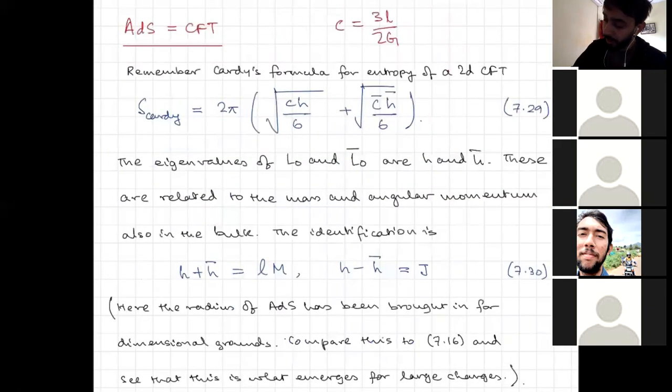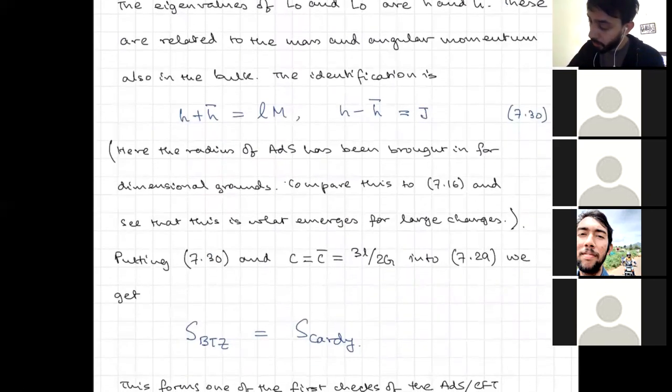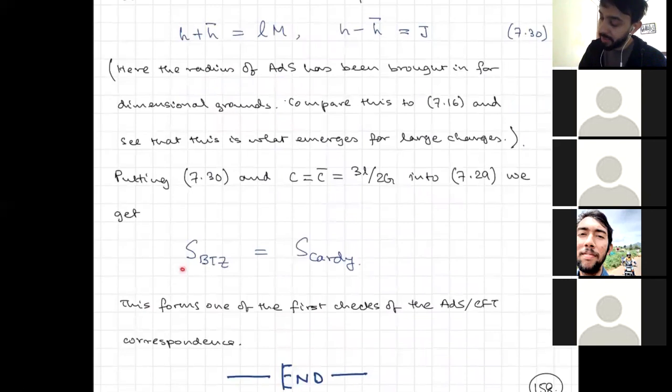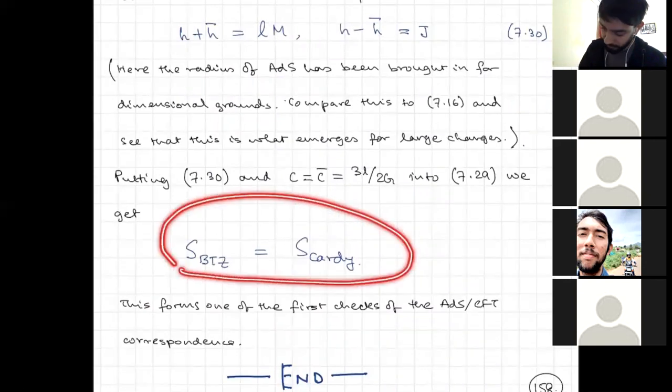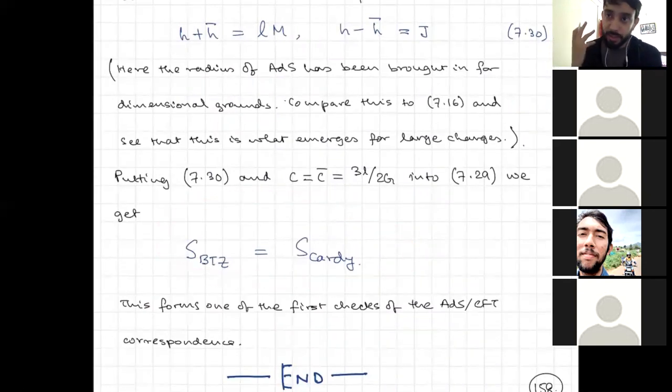But the upshot is that the Cardy entropy reproduces the Bekenstein-Hawking entropy of the BTZ black hole.